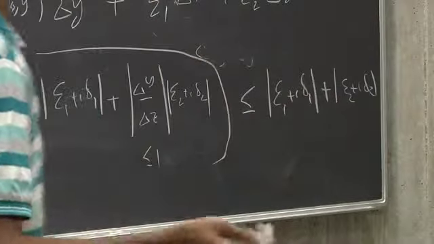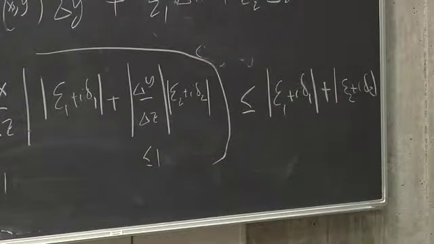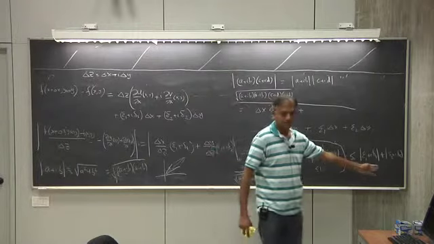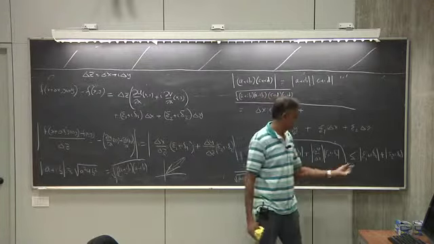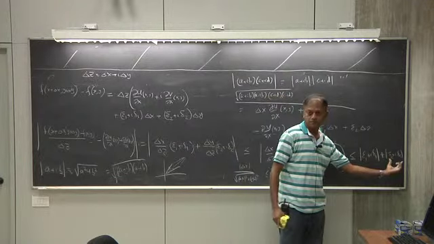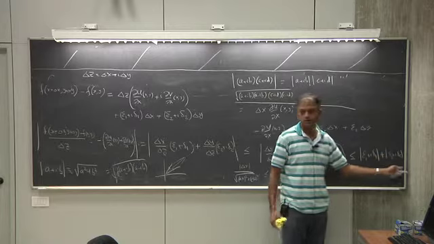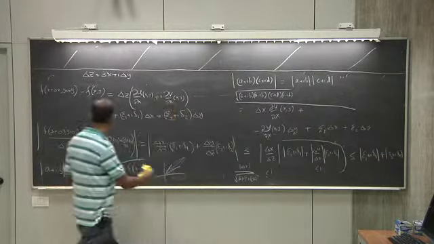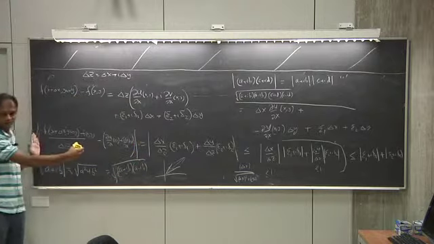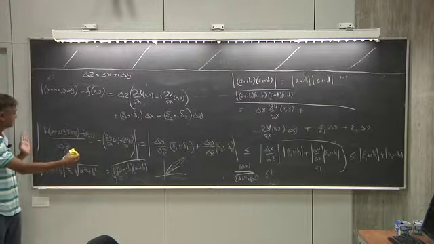Now you take the limit delta x and delta y go to 0. Then the right-hand side vanishes. That's what the statement was, that in the limit delta x and delta y go to 0, epsilon 1, epsilon 2, delta 1, delta 2 go to 0. So this right-hand side becomes 0, which means the left-hand side must also be 0 in the limit.